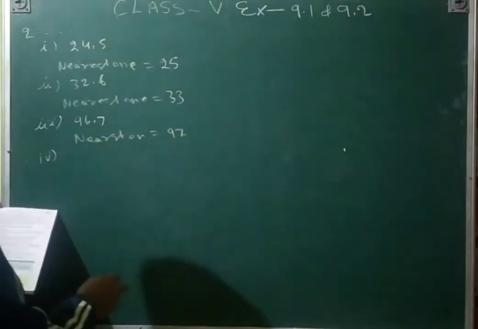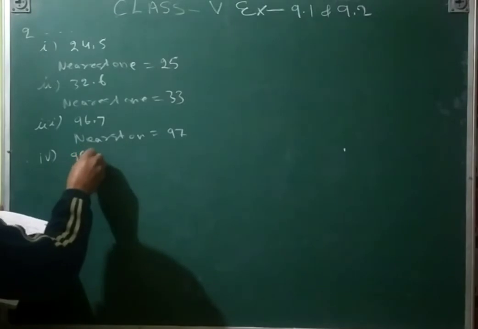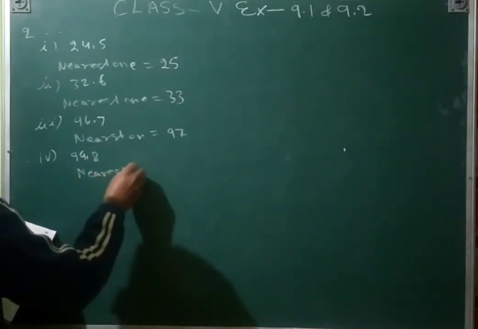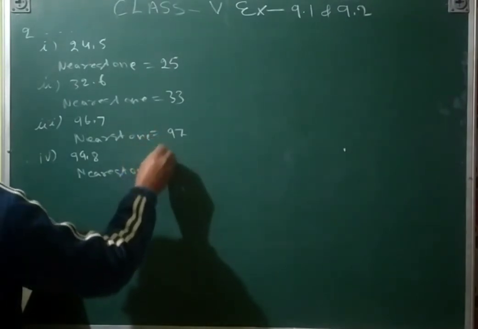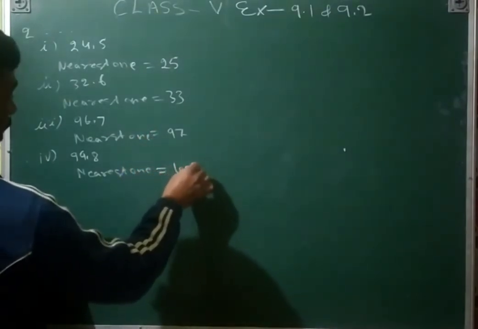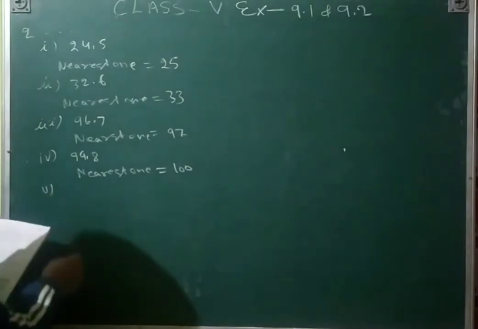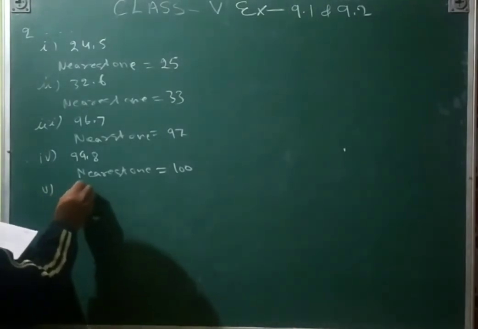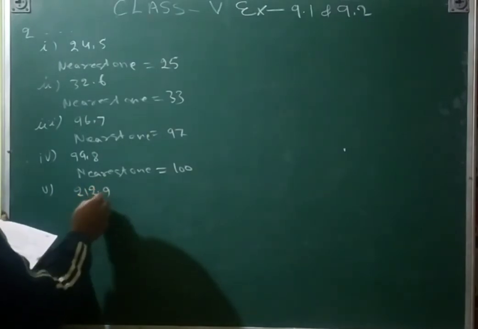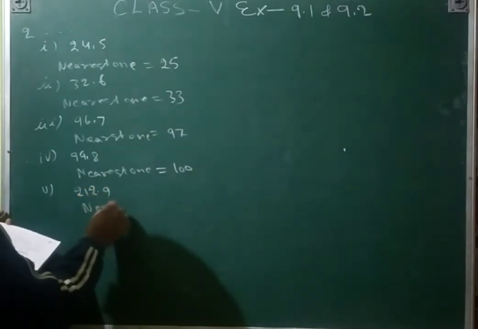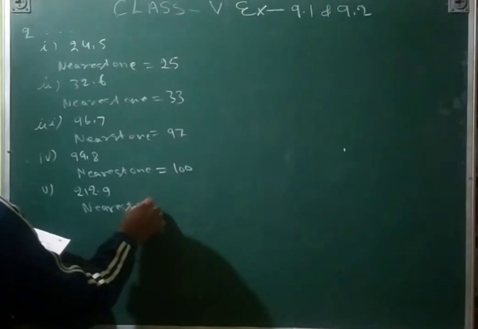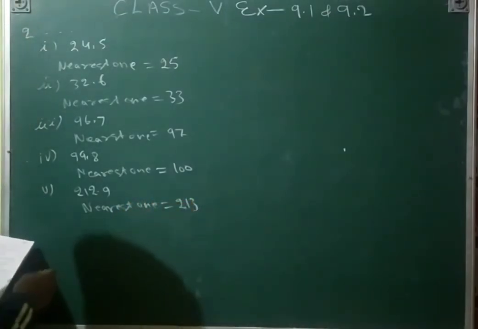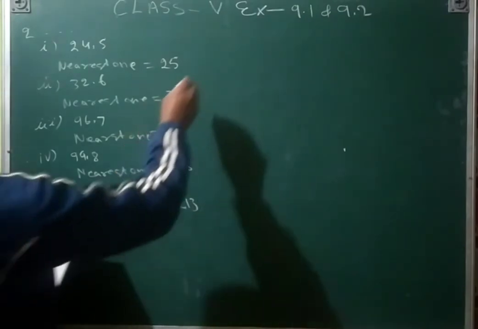Fourth part is 99.8, nearest 1 is equal to 100. Fifth part, 212.9, nearest 1 is equal to 213.